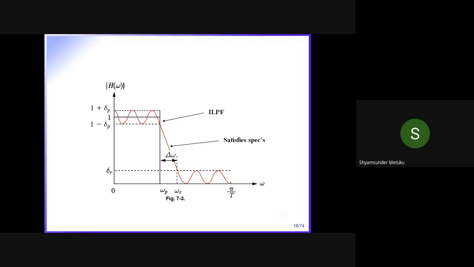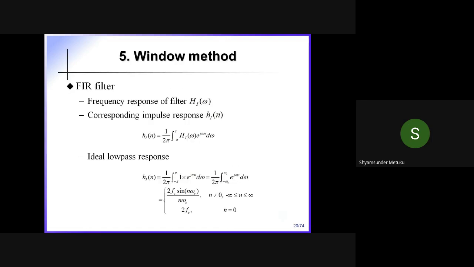So instead of minus pi to plus pi, my amplitude is non-zero only between minus omega p to plus omega p. That is the reason I can modify the minus pi to plus pi limits into minus omega c to plus omega c. Even though the range is minus pi to plus pi, because it is a low pass filter, only from minus omega c to plus omega c is this value 1, isn't it?